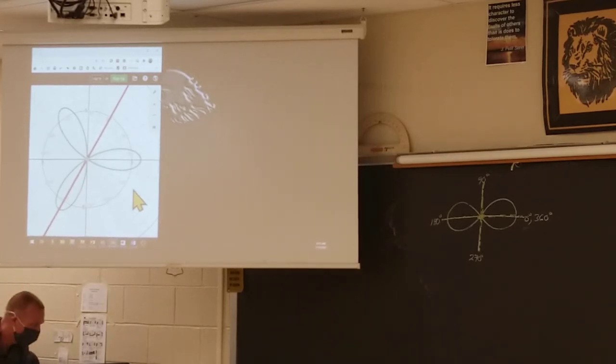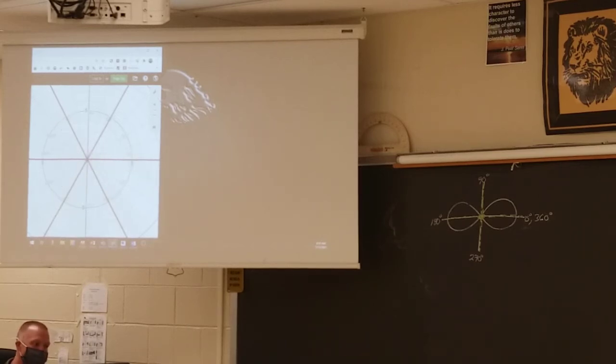Okay, so we end up with 3 lines of symmetry. All 3 of those lines of symmetry count for this rose. Notice where they are. They're at 0, 60, and 120. Okay, we want to be able to say that correctly.